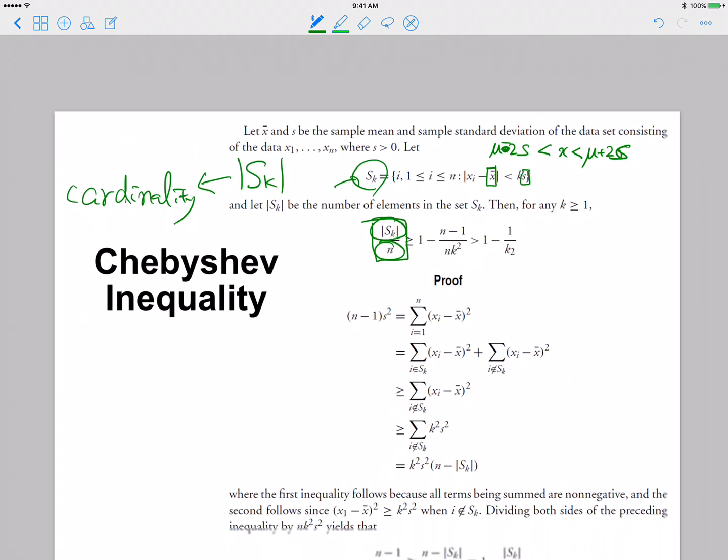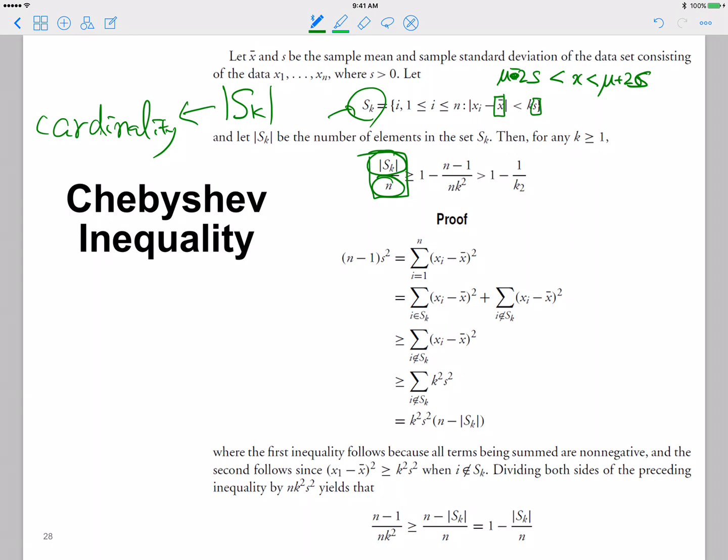Here, this Chebyshev inequality is saying that we don't care about the true distribution of our data, whether it's Gaussian, binomial, or any other distribution. So it is universally true, all the time, regardless of the distribution.